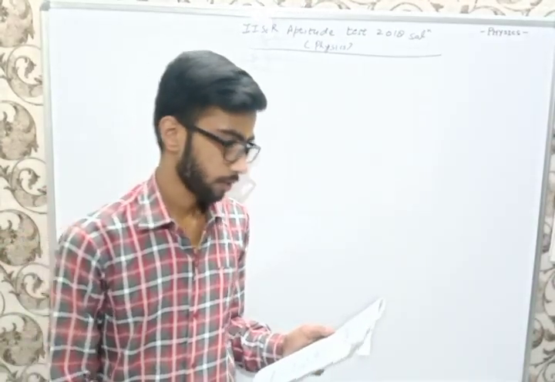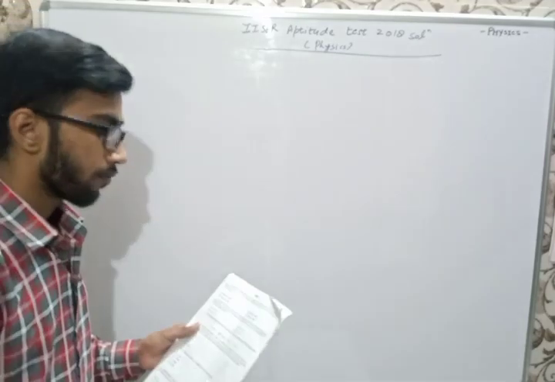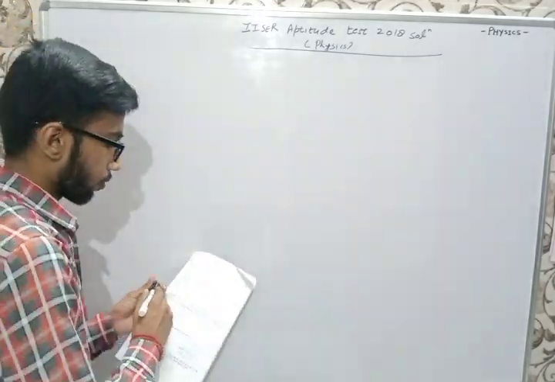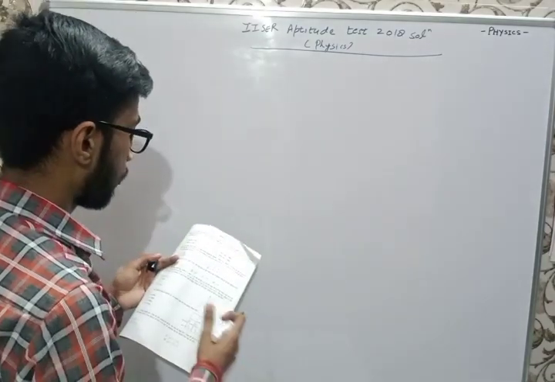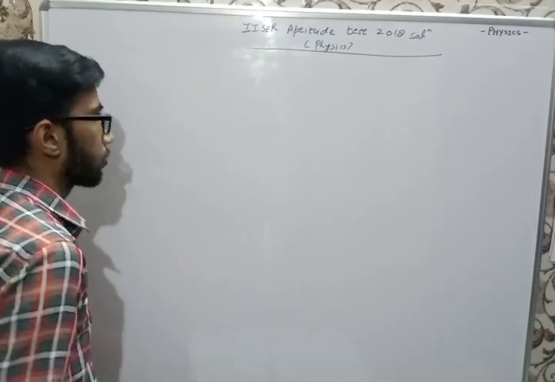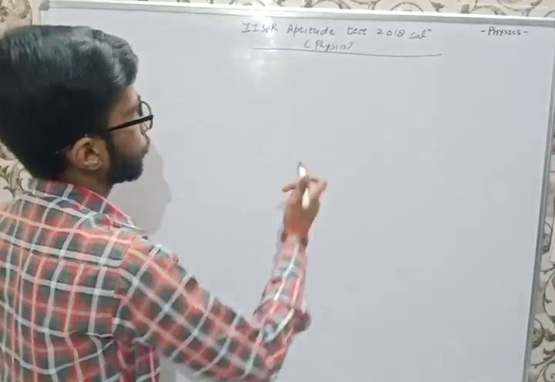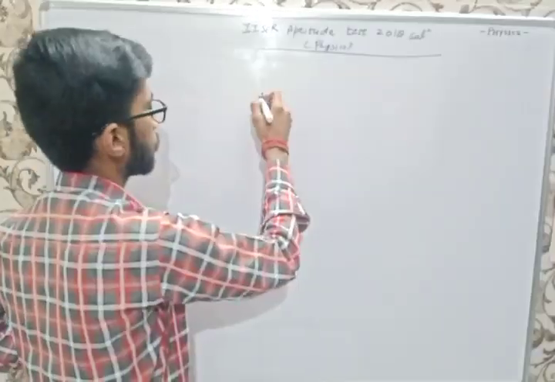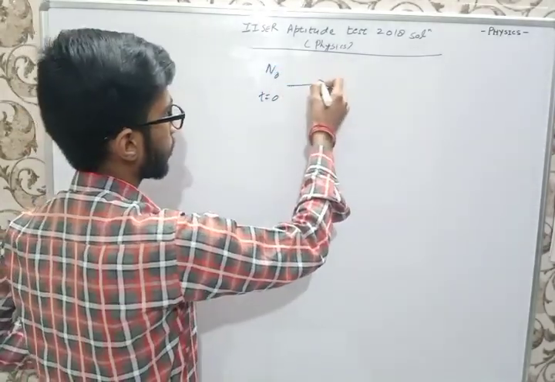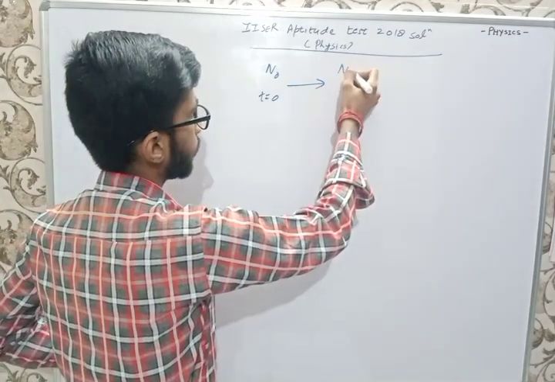Now next, it is asking what is the probability of a radioactive nuclei to remain after passing 2 half-lives. So see, you have a nuclei initially at t equal to 0, the amount was N naught. As one half-life passes, at t equal to t half, the amount becomes N naught by 2.